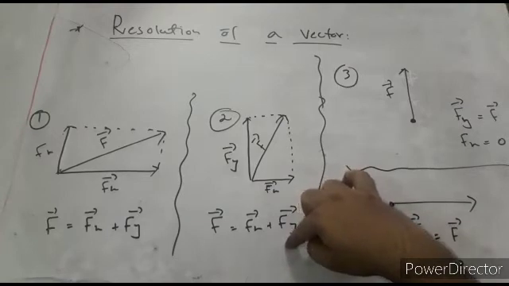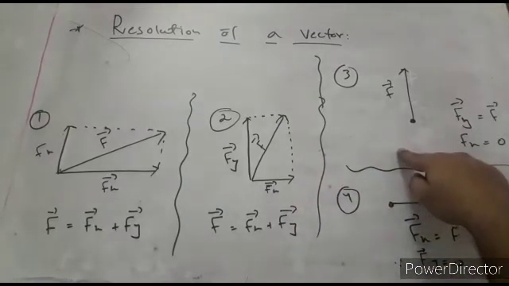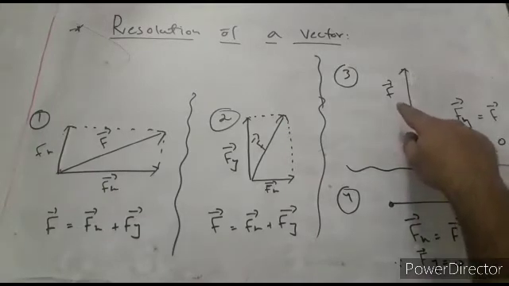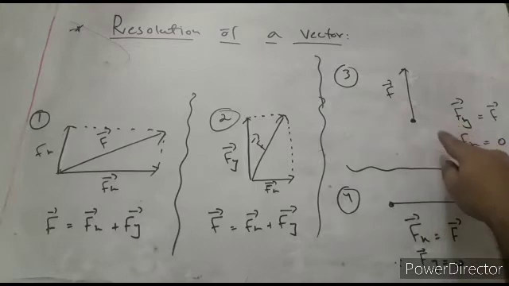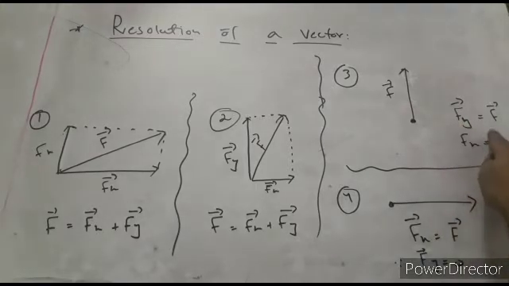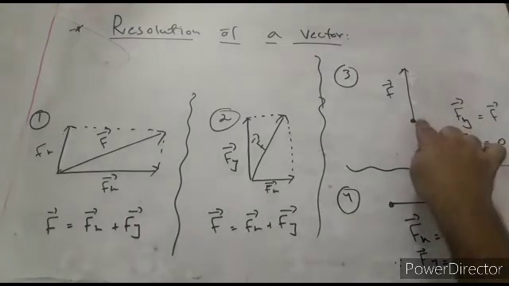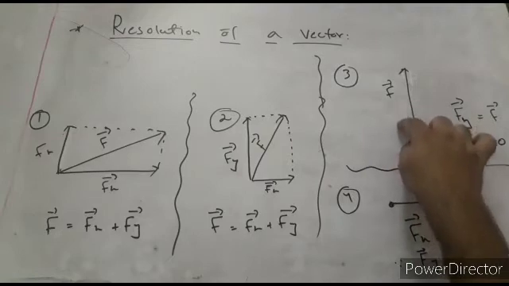And in the third case, you can see the vector is along the y-axis. So here its y component is equal to the complete vector because it doesn't have any x component. This is the original vector we have.